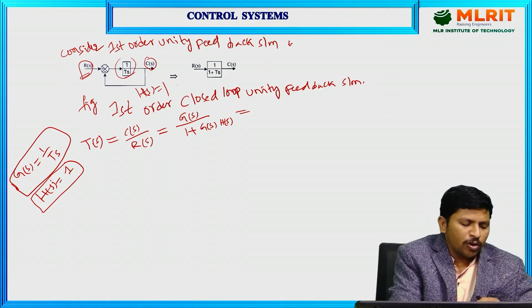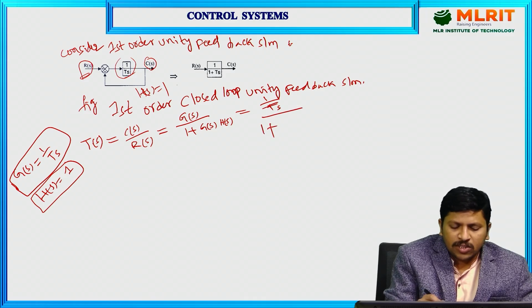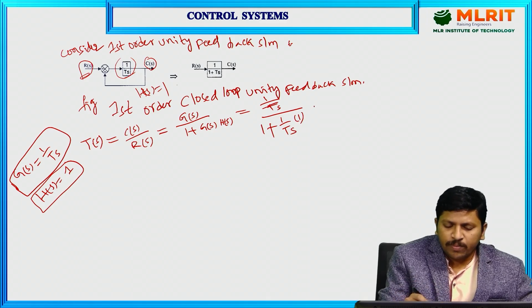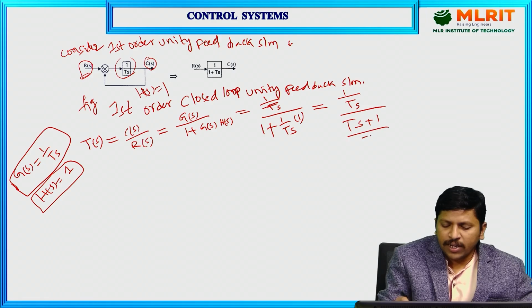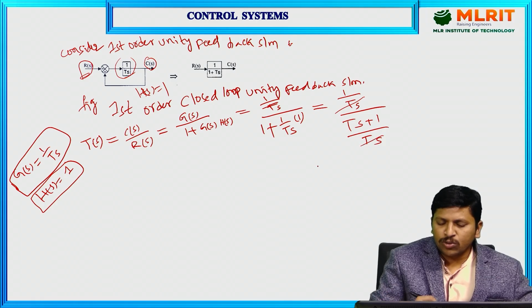Now I substitute these two in this equation: 1 by Ts divided by 1 plus 1 by Ts into 1. Simplifying, 1 by Ts divided by Ts plus 1 divided by Ts. The Ts in the denominator and the Ts here are both cancelled.